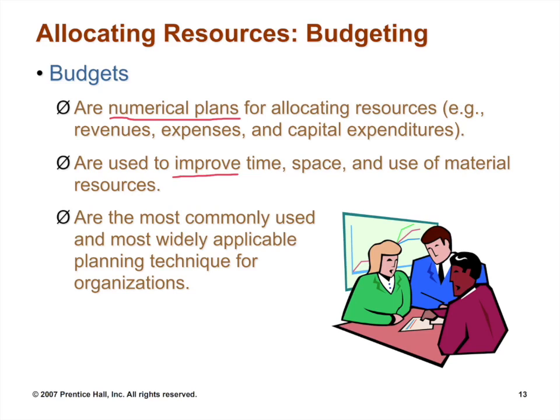This is budget. Is it the most commonly used and most widely applicable planning technique for organizations? Yes. Most commonly used. Every organization has a budget. Do you agree with this statement? It must be. Every organization has to make a budget. Okay.